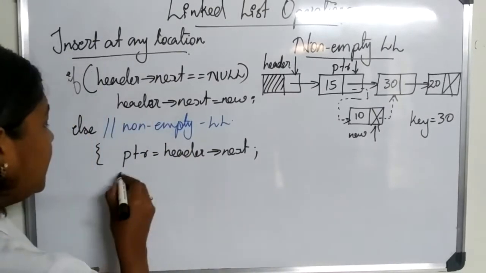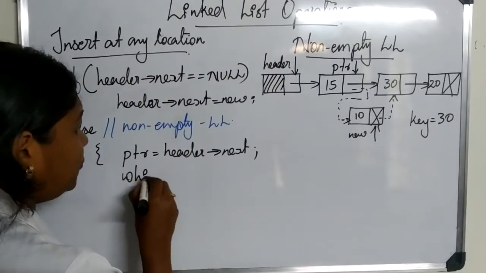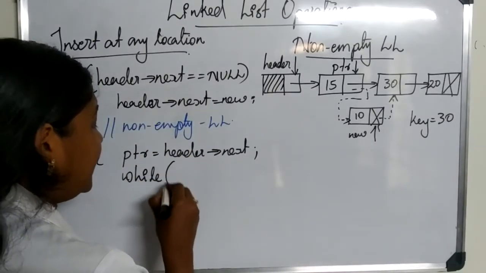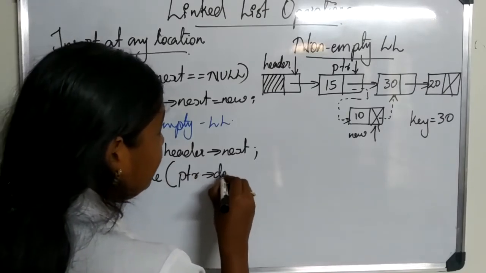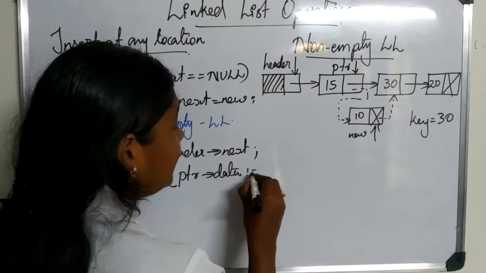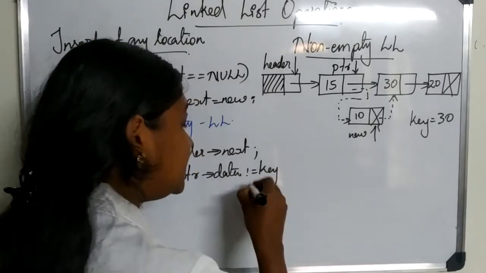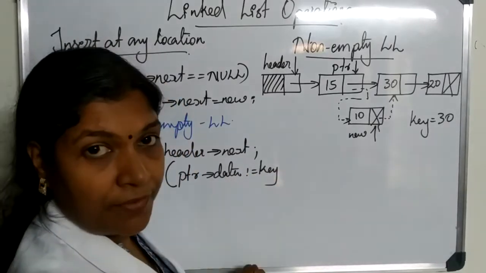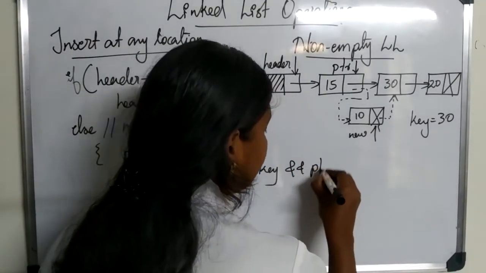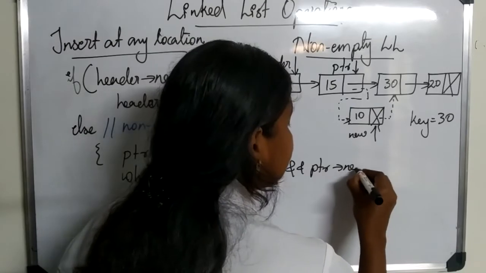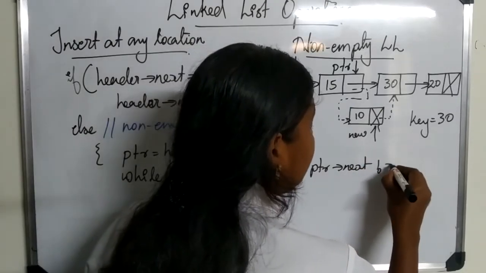Okay. So I'm giving the code to perform the traversal while ptr dot data not equal to key, and this loop is same as that of our search loop, and ptr dot next not equal to null.